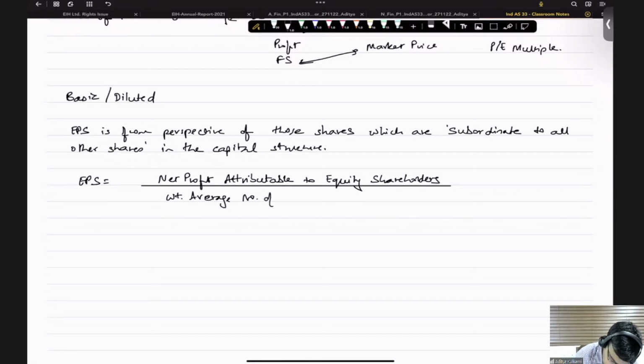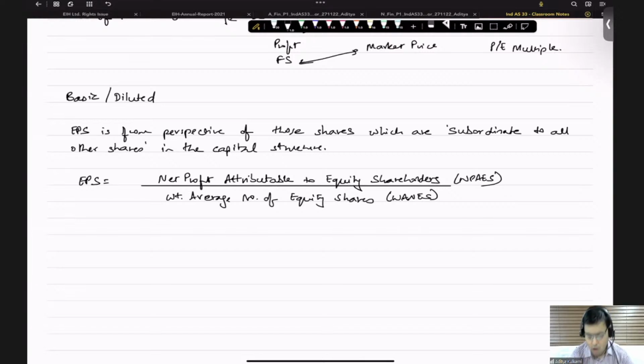Weighted average number of equity shares. Weighted average number of equity shares, which is WANES, and this is net profit attributable to equity shareholders. So this is the standard formula that we all have.